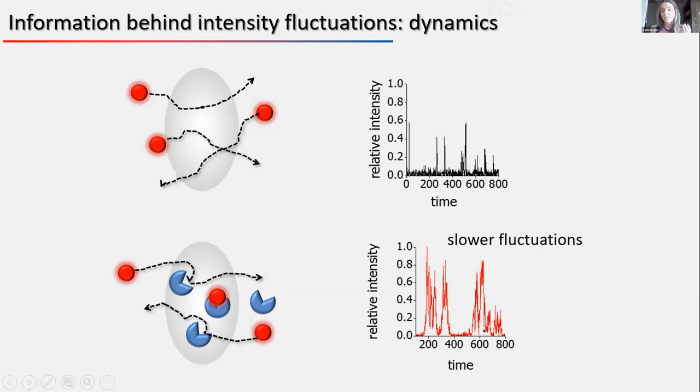In fact, the duration of the fluctuation will be, for example, related to the k-off of the molecule from this target site. So the idea is that if you study the fluctuation, you can obtain information regarding how fast the molecules move and how they are moving inside the cell.